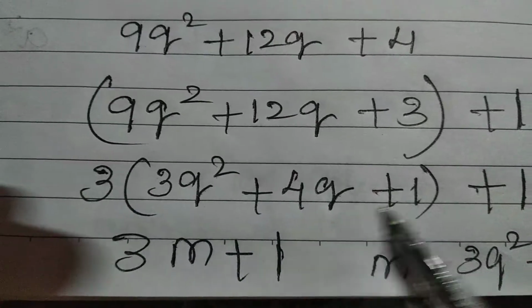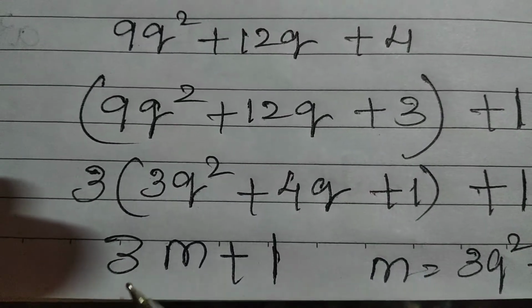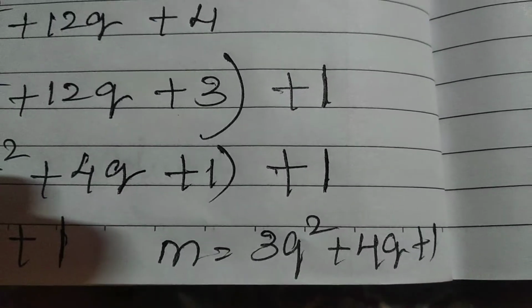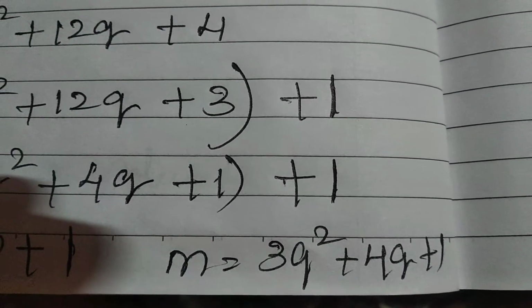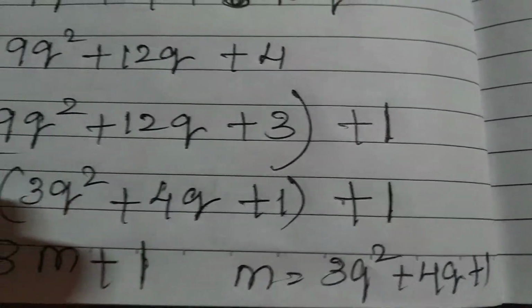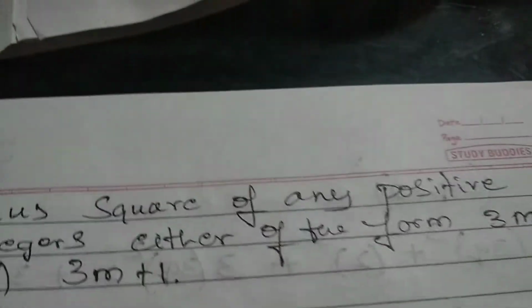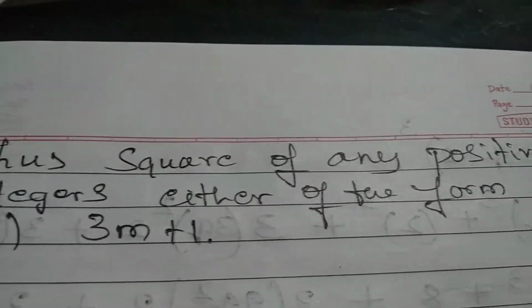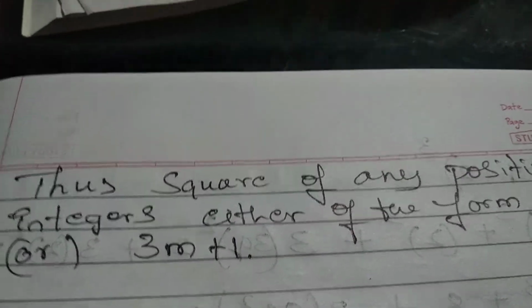Now this will become m: 3m plus 1, where m is equal to 3q square plus 4q plus 1. So this is how we can solve this problem. Thus the square of any positive integer is either of the form 3m or 3m plus 1.